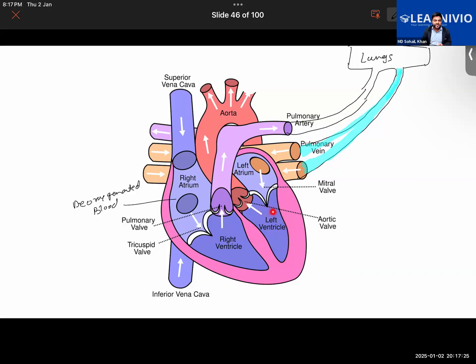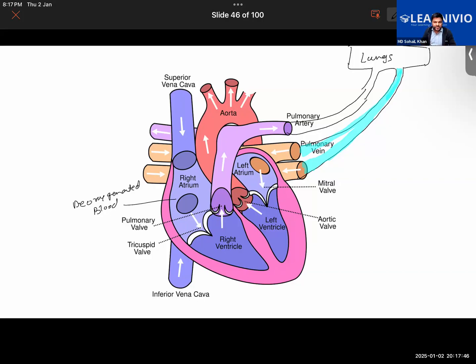The muscles of this chamber are very strong, so it will push the blood with a great amount of force into the largest artery of the body, called the aorta. Now the aorta will be distributing the blood to the different parts of the body.